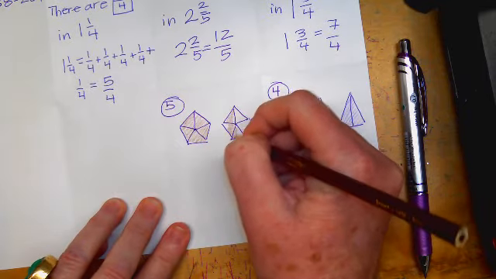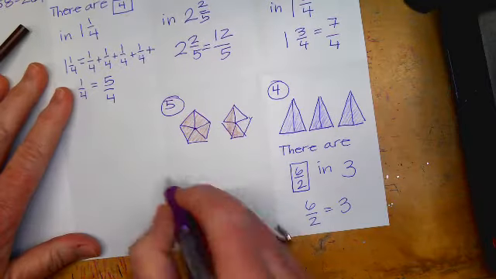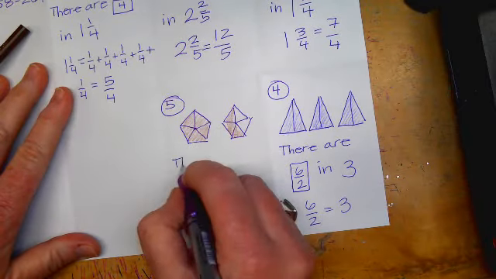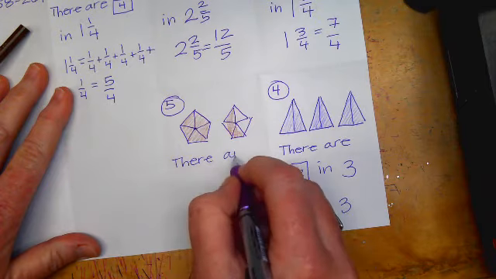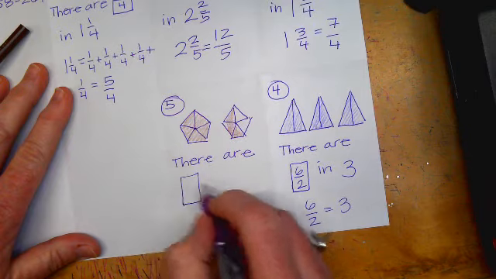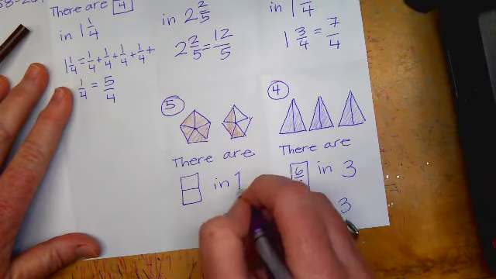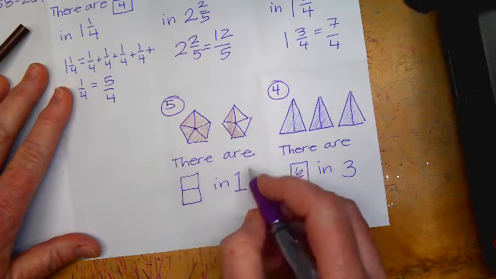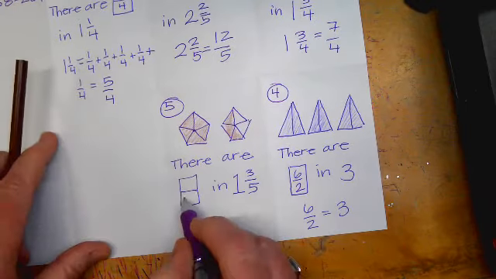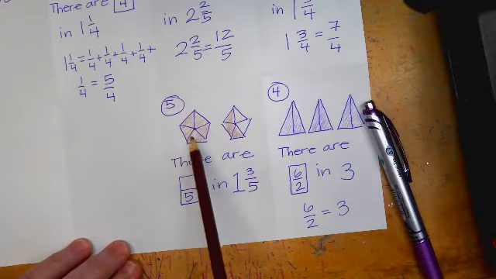So I have 1 whole shaded brown, and then I have 3. So if I were to write this as a mixed number, I would say there are, this looks like 1 whole, and this looks like 3 out of 5 to me.